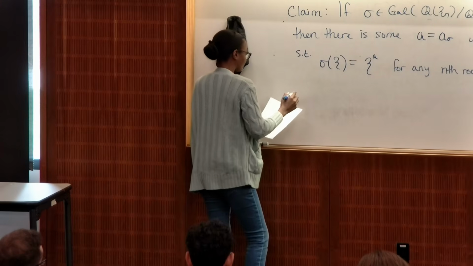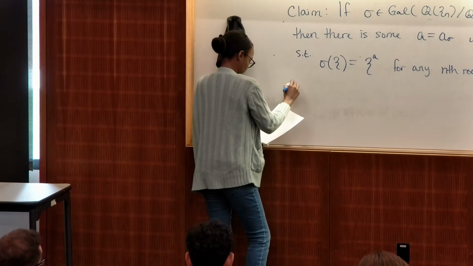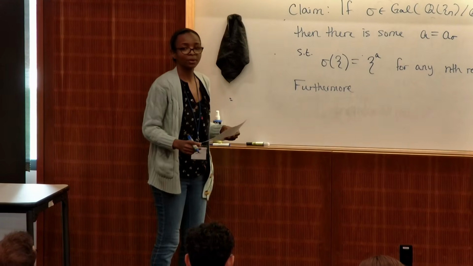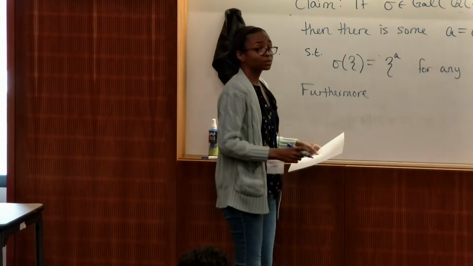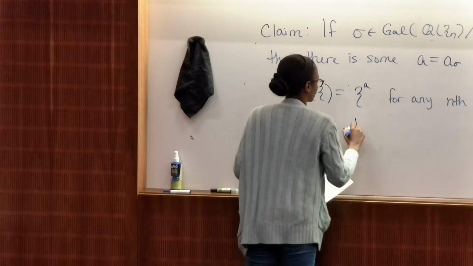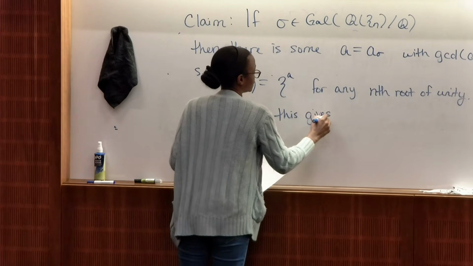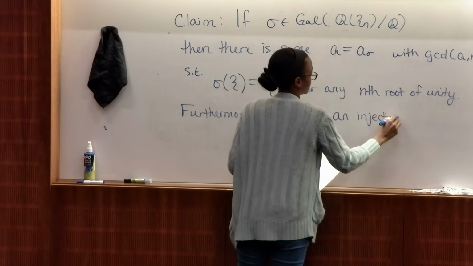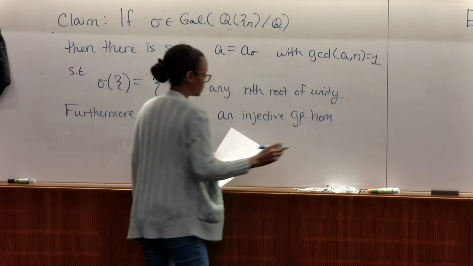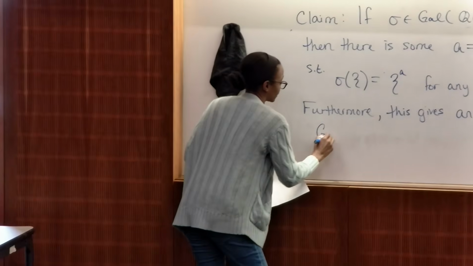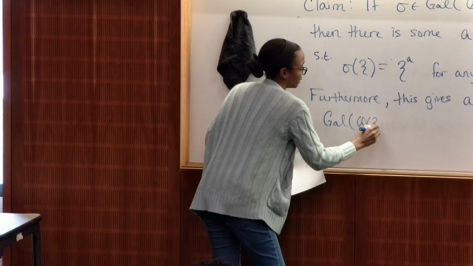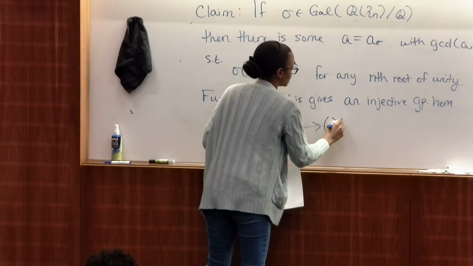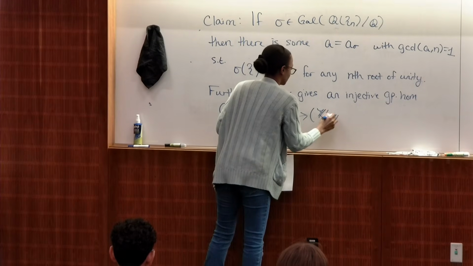Okay. And my claim, the other part of your exercise, is that this gives us a group homomorphism. But not just any old group homomorphism. This gives us an injective group homomorphism from the Galois group of the nth cyclotomic field into, think fast, I'm hoping that most, if not all of you have seen, oh, I just gave it away.